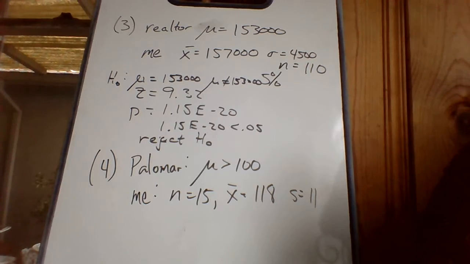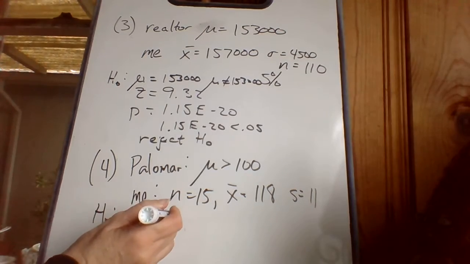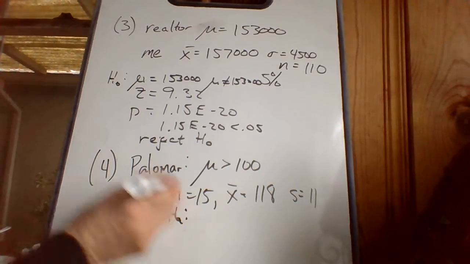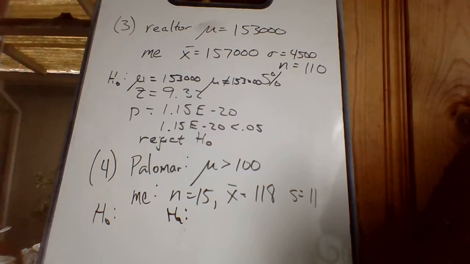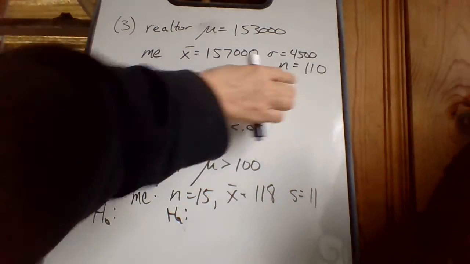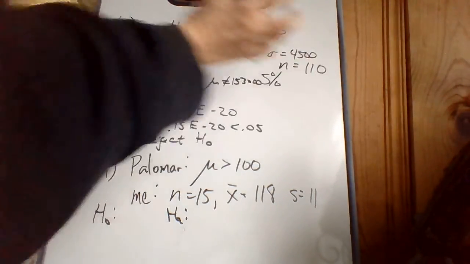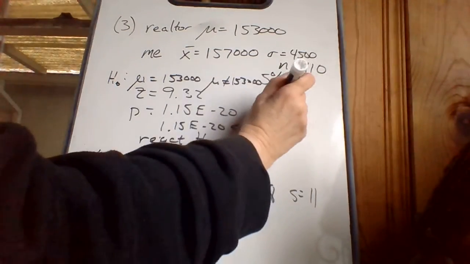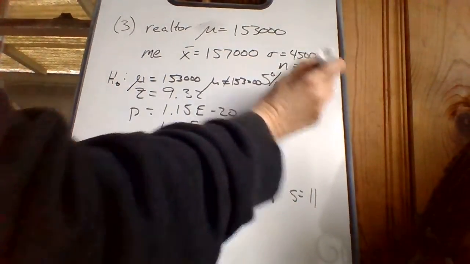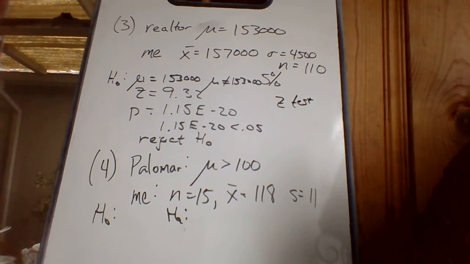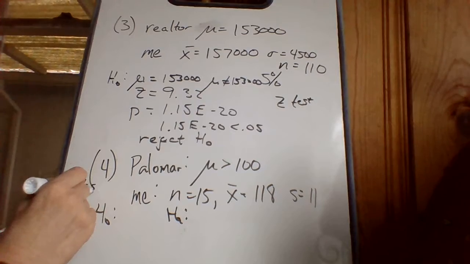Number 4, there's me and there's Palomar. Palomar has made some sort of claim, and there's my actual little stuff. So write down, oh yeah, on this one, I went with N is 110. I went with Z test, because N is 110. On this one, N is 15, so I'm going to go with T test.